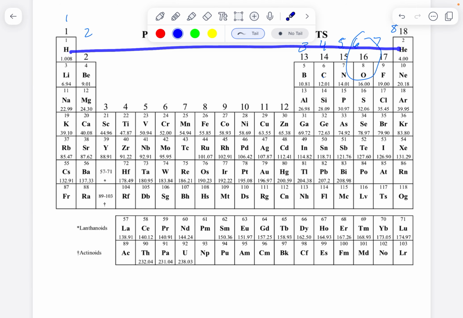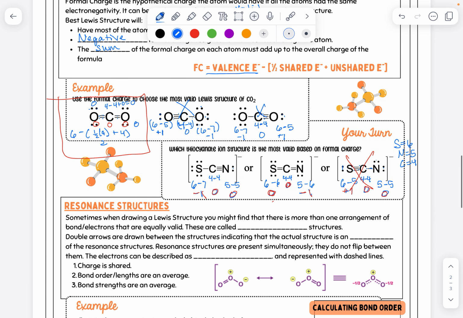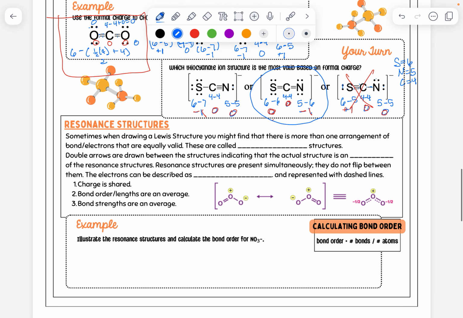Remember, it increases as you go across and as you go up, and they're pretty close together, but nitrogen actually is the more electronegative atom. So the correct choice would be the middle here. So again, make sure you're remembering from your previous units, periodic trends, Coulomb's law, all that stuff comes into play, and everything in chemistry builds on itself.